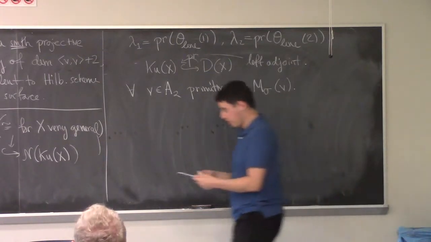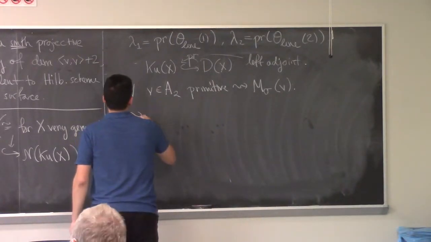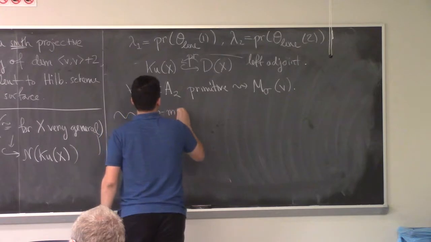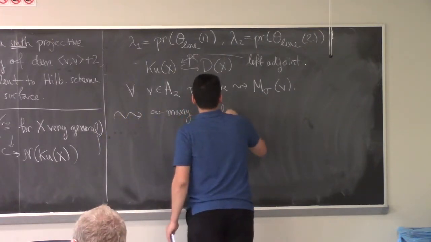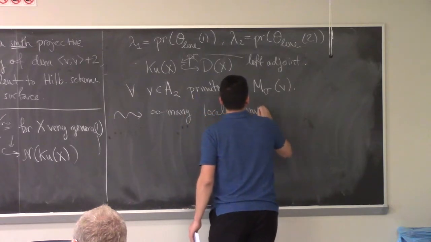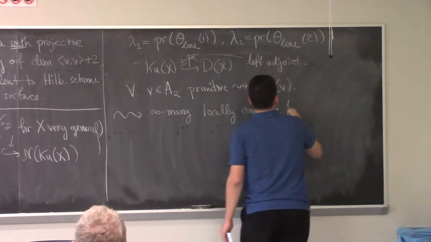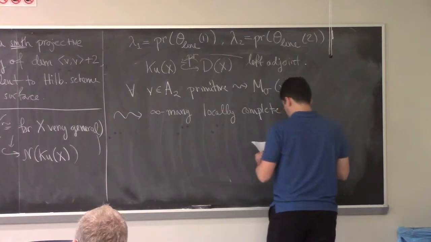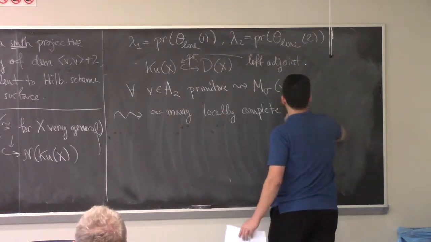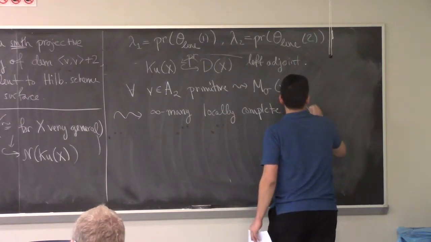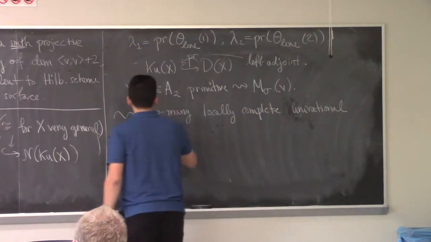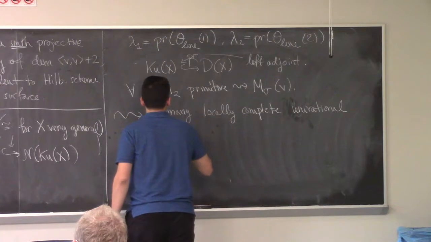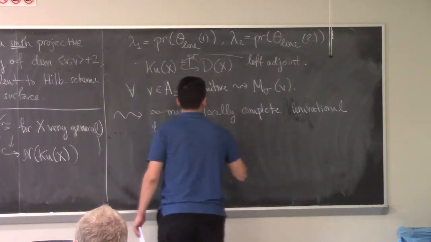So in particular, what this gives you is infinitely many locally complete and even unirational families of polarized hyperkähler varieties.